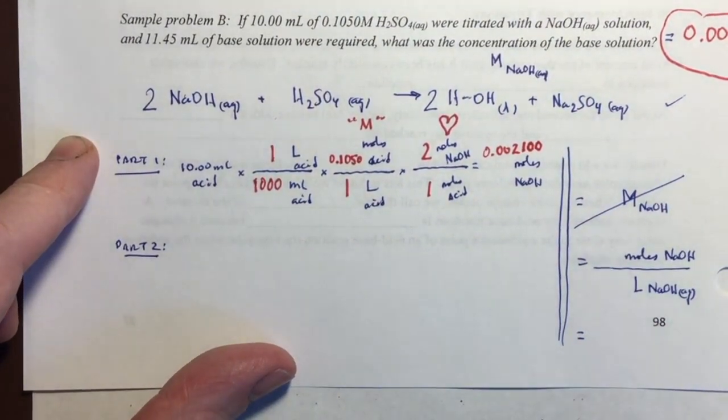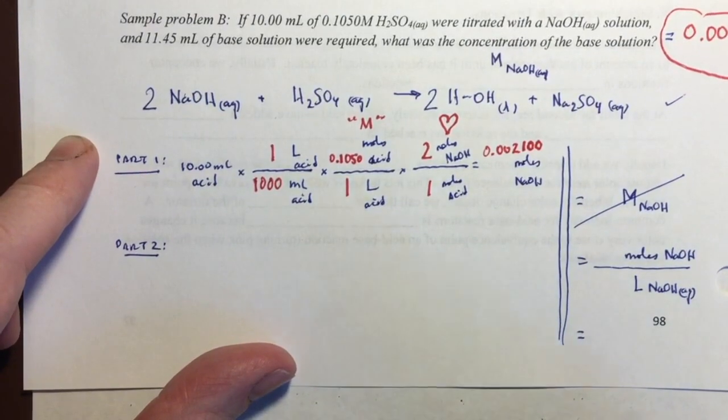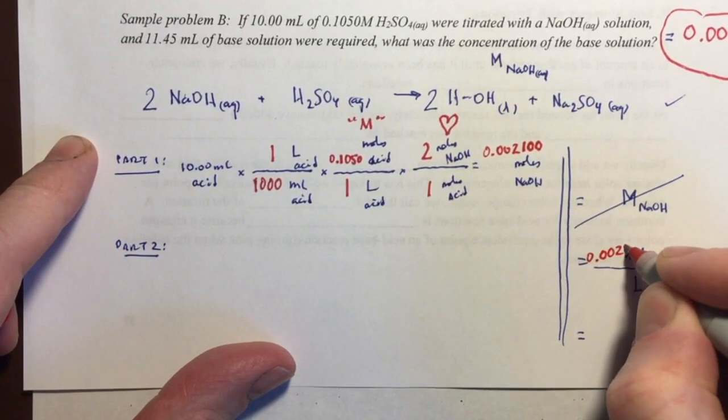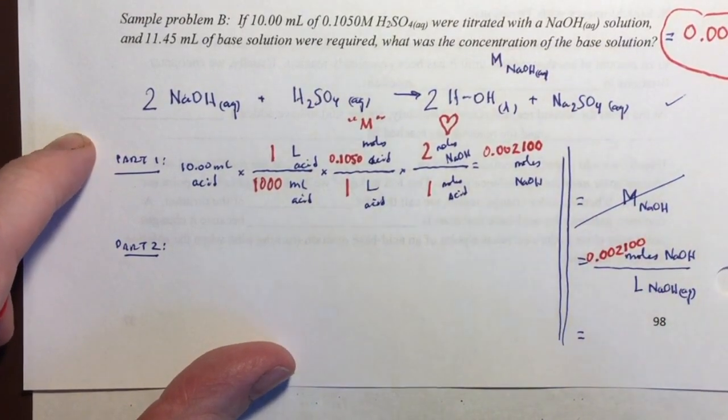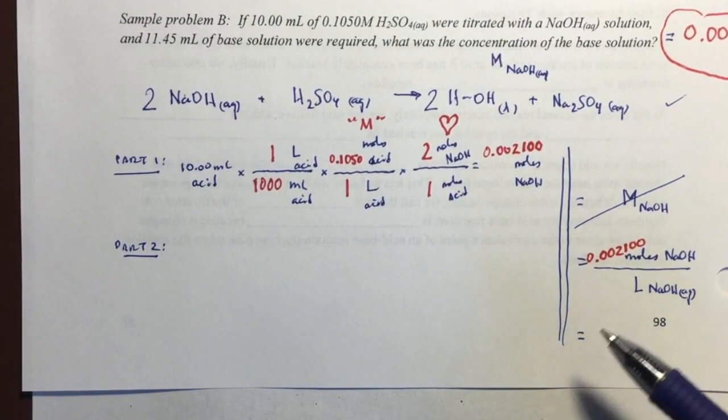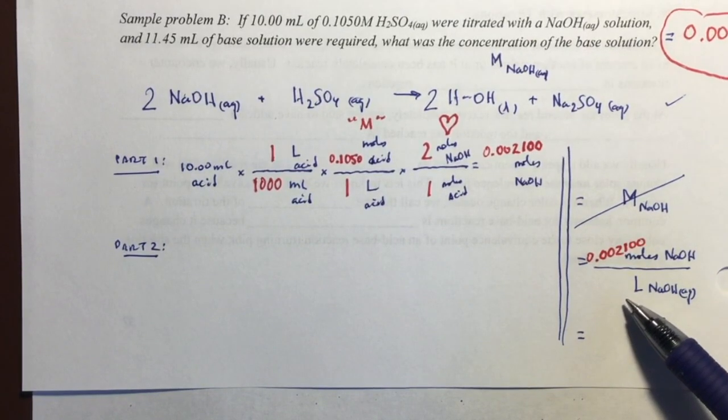So I add 2 more zeros. So there's how many moles of NaOH I have, and so that comes down here. 0.002100.